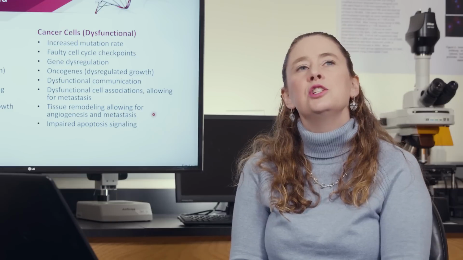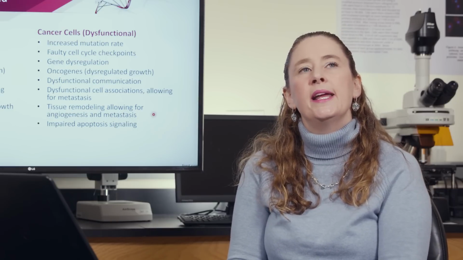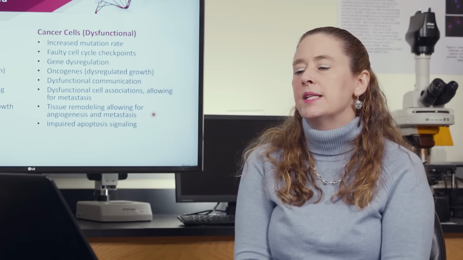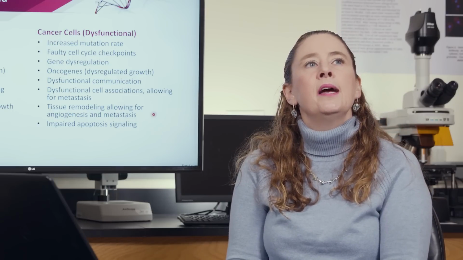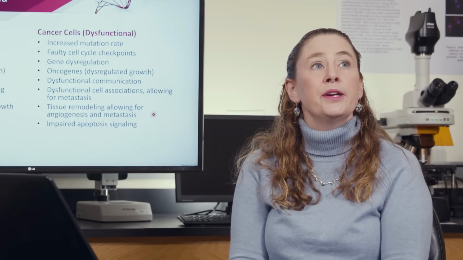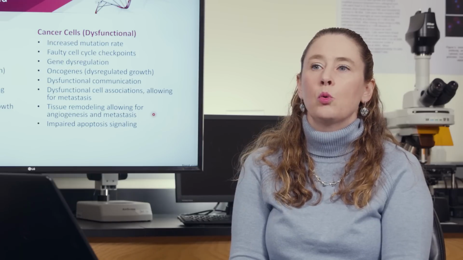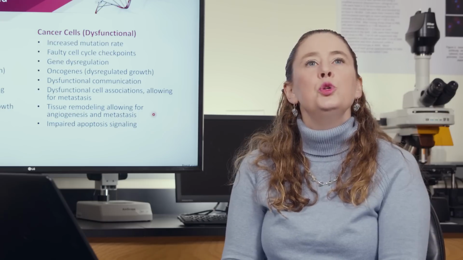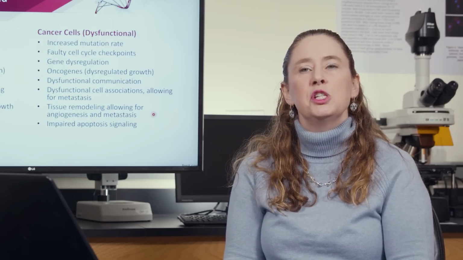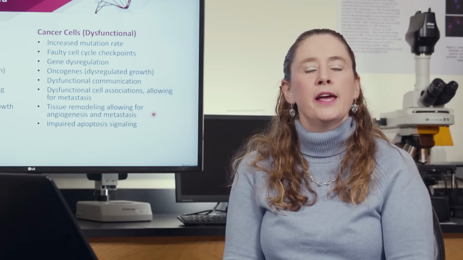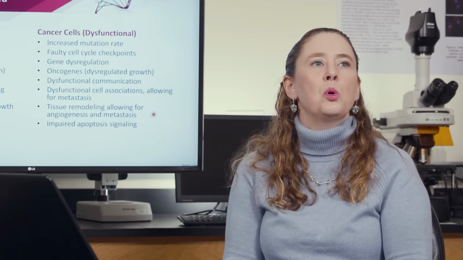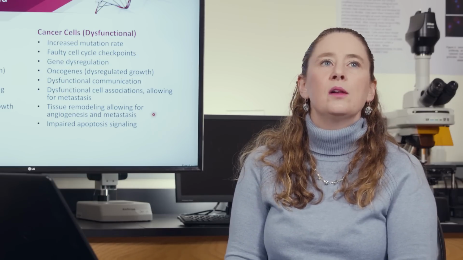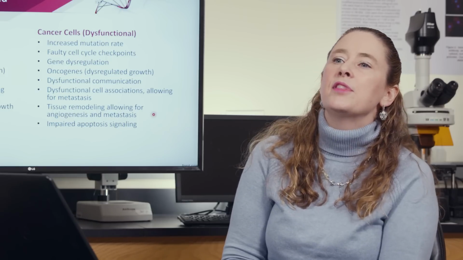Another place where tissue remodeling comes into play in cancer is in metastasis. So normally, cells will adhere to one another and stay in their organ or tissue of origin. But in tissue remodeling, you do have breakdown of connective tissue that surrounds the organ. And normally we only do this in order to allow for cells to come in and allow for healing of the tissue.